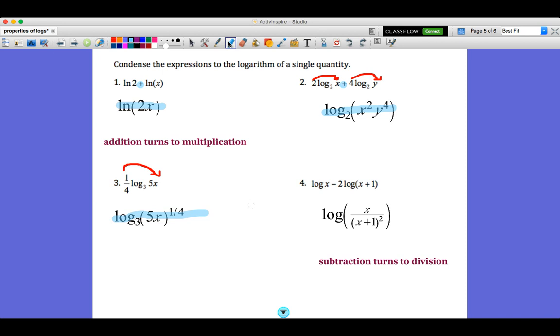So log, and then we're going to have x divided by x plus 1 squared. So the reason our x plus 1 is squared on the bottom is because of that 2 right here. So that 2 had to become an exponent. So our final answer for that last one, number 4, is log of x divided by x plus 1 squared.